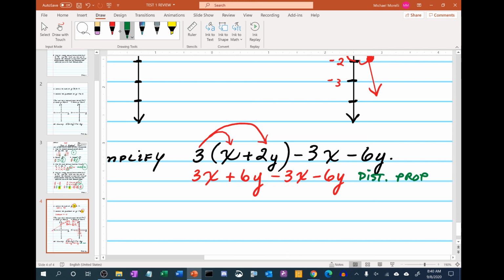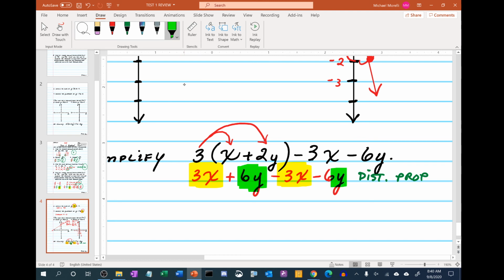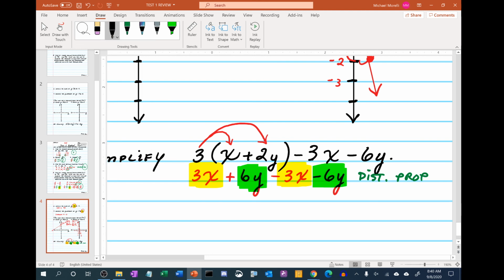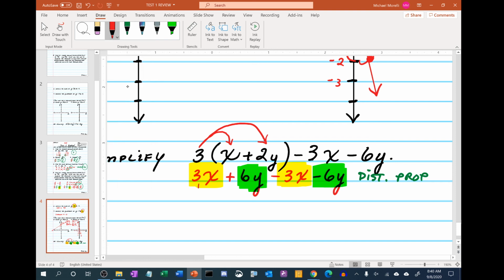Now we're going to simplify by combining like terms. Here's one way to combine like terms. I like to highlight the x's and the y's and bring these together over here.